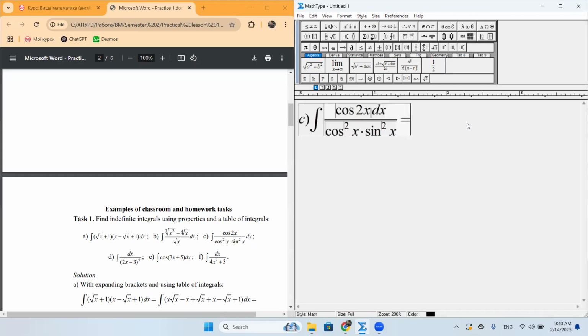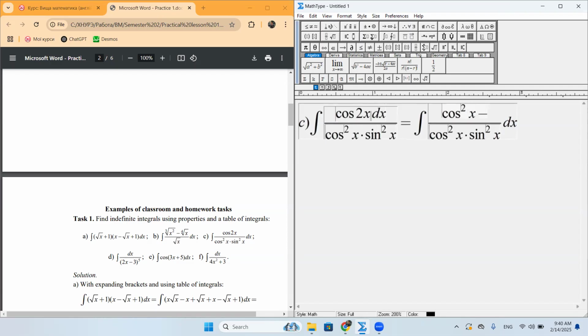Yeah, we have no such integrals in the table, but we can transform it to be a table integral. We need to transform cosine 2x. Yes, correct. So let's transform it. So cosine 2x is actually can be written in the following form.